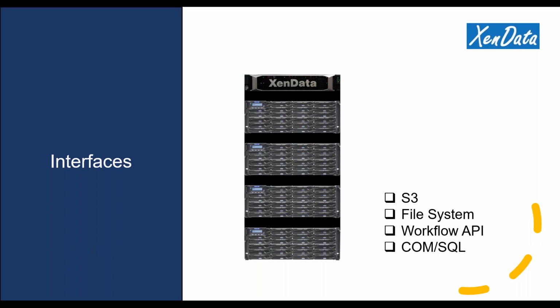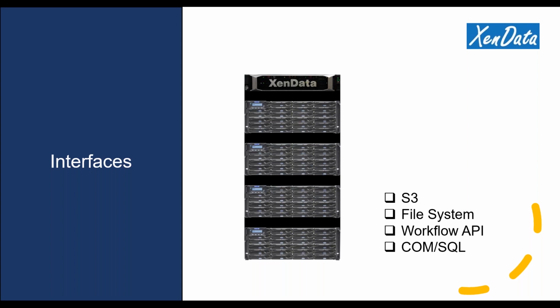Now, in addition to the S3 and the file system interfaces, the two APIs that are really well established with our LTO systems are also available. These are the Zendata Workflow API and our COM SQL interface. These two APIs are used by many MAM providers for a tight integration between the archive and the MAM. They support partial file restore based on timecode to create clips from very large video files.